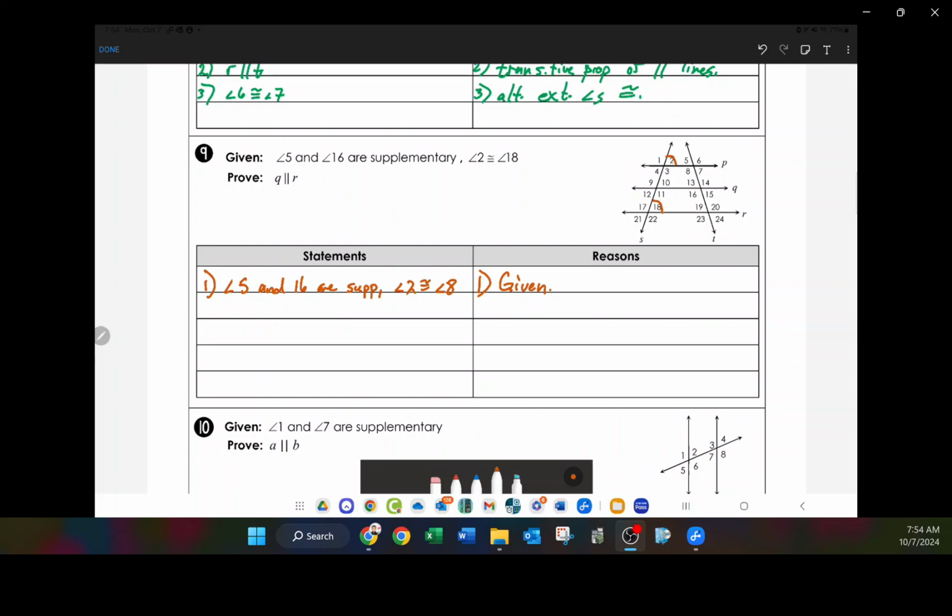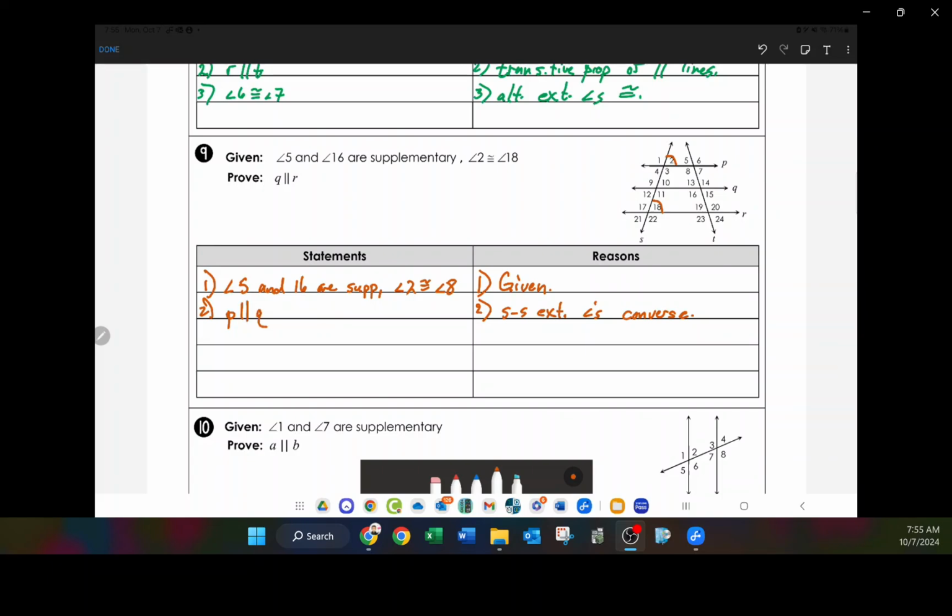We're trying to prove that Q is parallel to R. Now, if we're given that 5 and 16 are supplementary, what lines can we say are parallel because of that? Angles 5 and 16 are connected by a transversal T. Lines P and Q are intersected, creating same side exterior angles that are supplementary. So by the same side exterior angle converse theorem, we can say that P is parallel to Q.